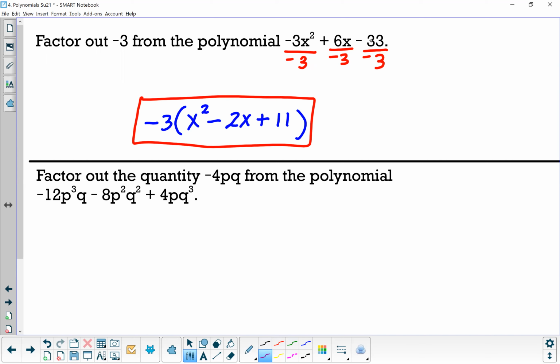All right, we have here, factor out the quantity -4p³ from the polynomial -12p³q minus 8p²q² plus 4p q to the third power. Go ahead, pause this video, try this on your own, then we'll do it together.